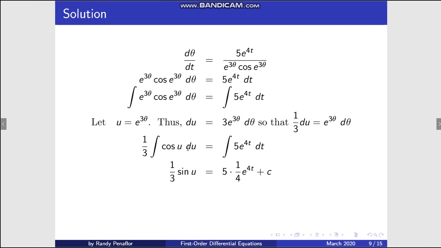The integral of cosine u du is simply sine u. The integral of 5e to the 4t dt equals 5 times 1/4 e to the 4t plus c. Hence we get 1/3 sine u equals 5 times 1/4 e to the 4t plus c.